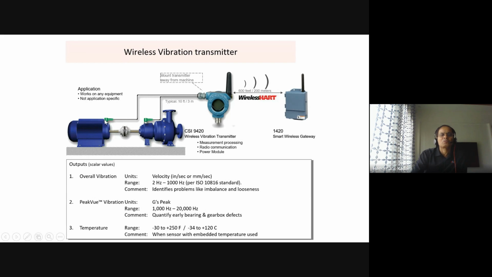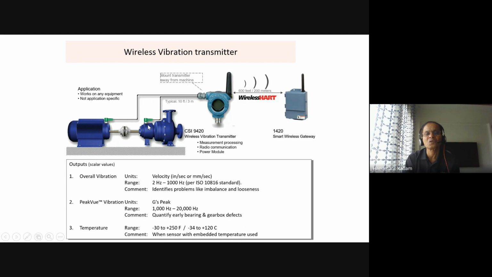We have vibration probes on the motor, a vibration probe on this gearbox, vibration probe on pump casings. So for your understanding, presently you can see two vibration probes here, magnetic pickup type. These probes are magnetic pickup type probes, and you see this application here.